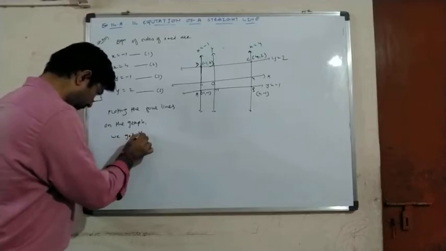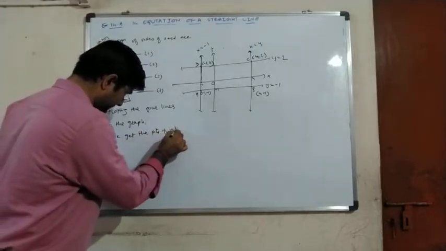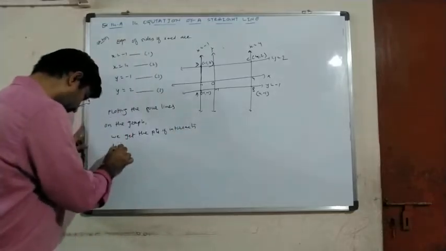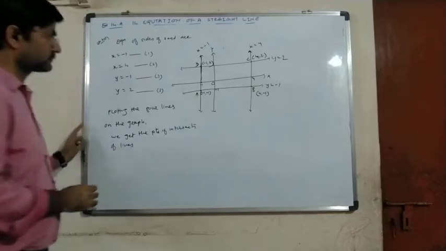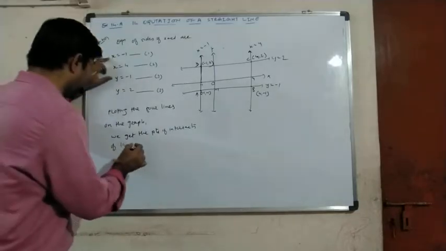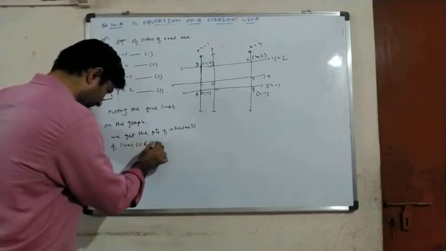We get the points of intersections of lines. A is x is equal to -1, y is equal to -1, lines 1 and 3.